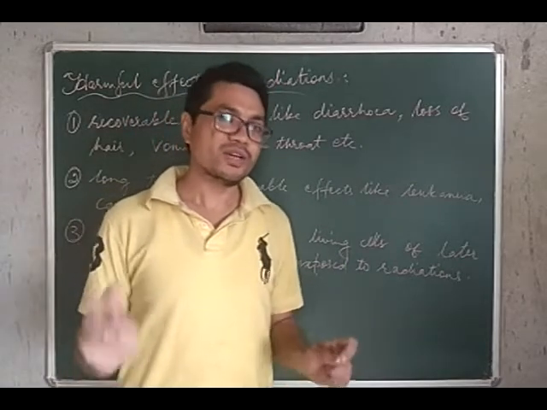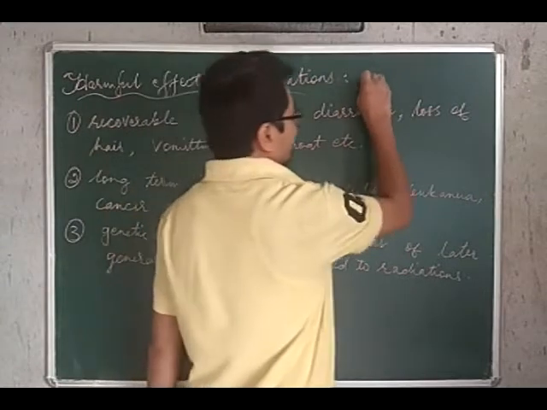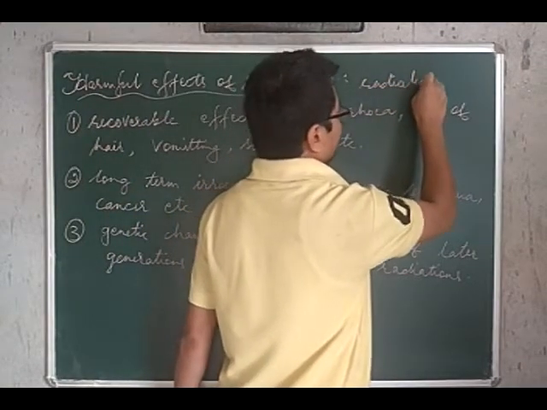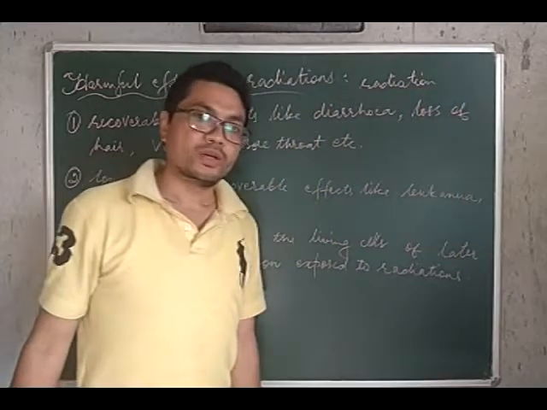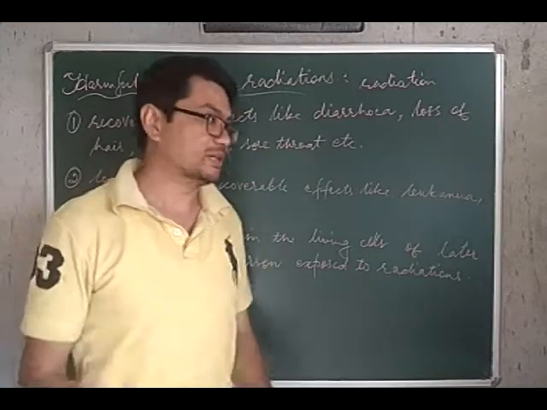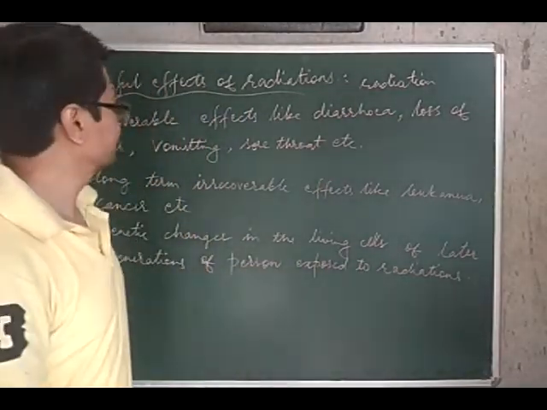So till today, very loosely speaking, we use the word radiation for alpha and beta particles also, remember that. But alpha and beta are actually particles, they are not radiations. So let me use the word radiation for alpha and beta also, okay.